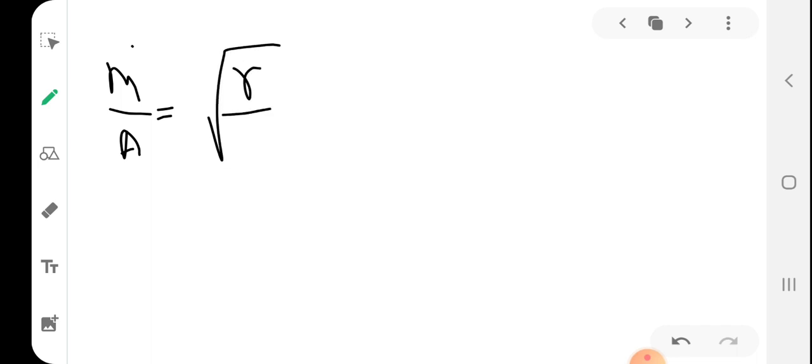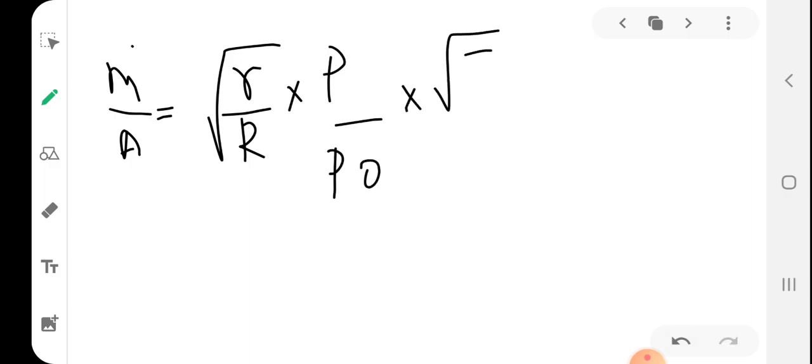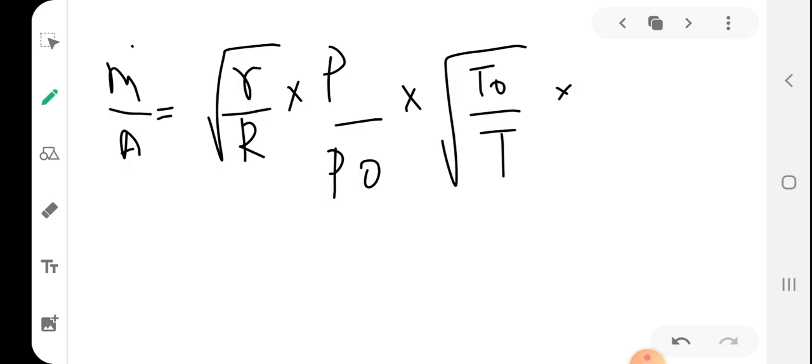I am substituting this in the previous equation for P by root T. So what will the equation become? m dot by A is equal to root of gamma by R into P by P0 into root T0 by T into P0 by root T0 into Mach number.